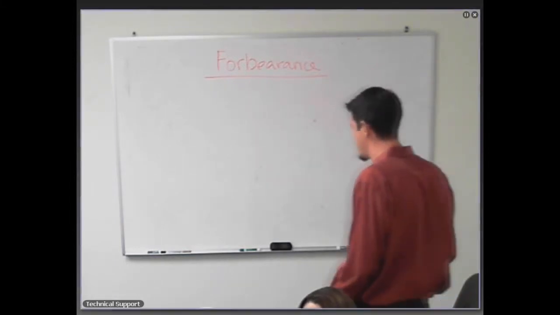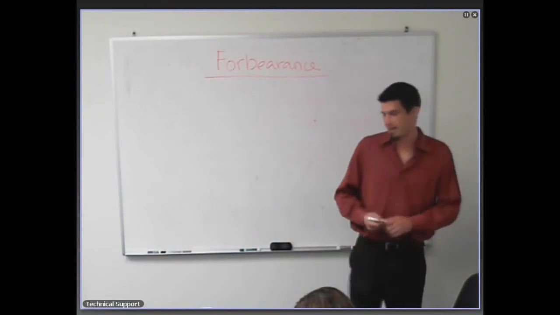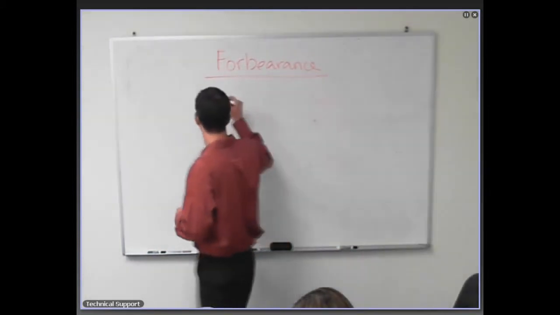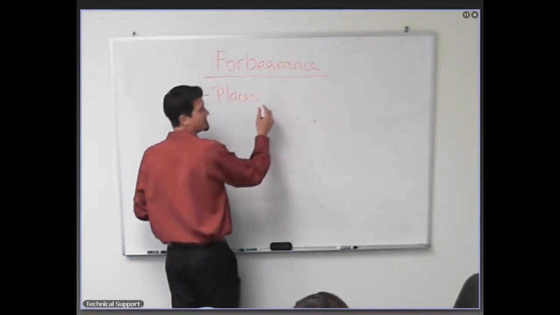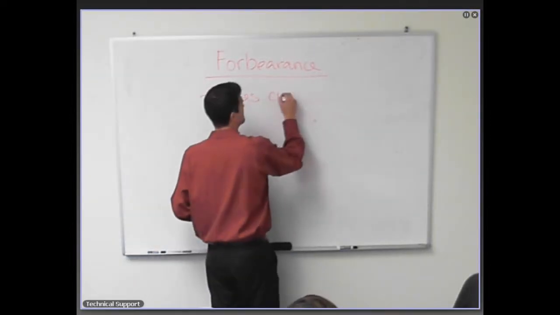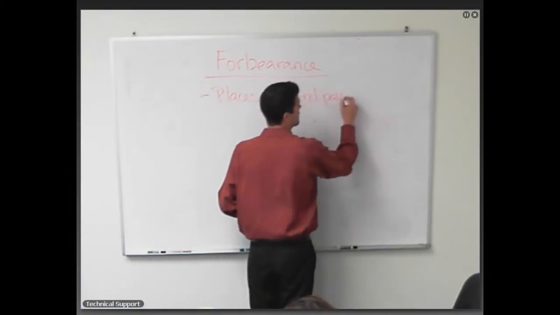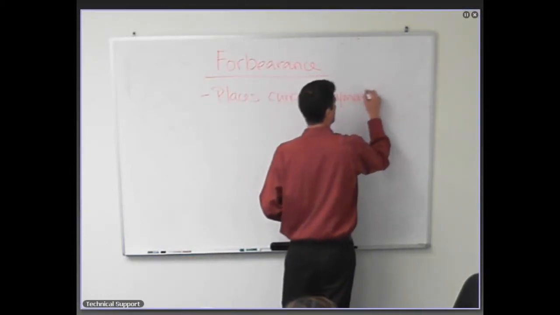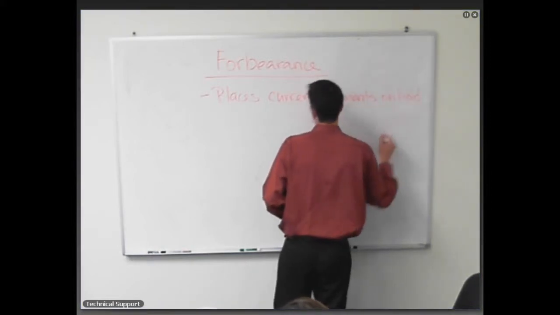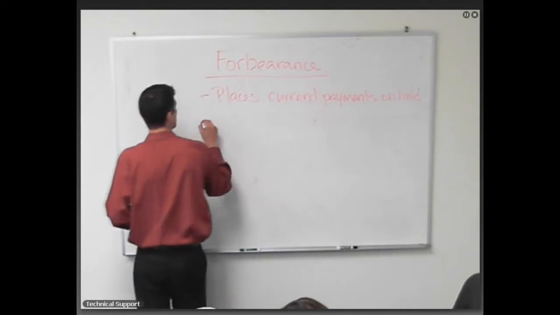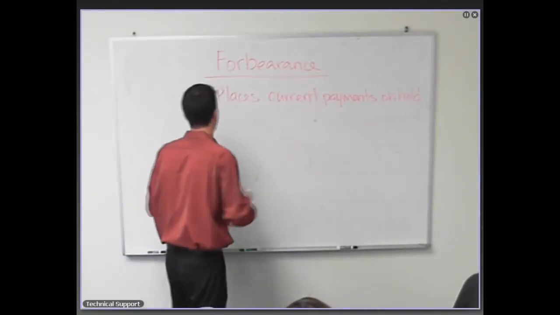Okay, it doesn't look like anyone else has any more questions. So forbearance is pretty simple. Like I said, I'm just going to recap this. It basically places current payments on freeze, or should I say on hold, which means that they have no payments due while we're completing the consolidation.